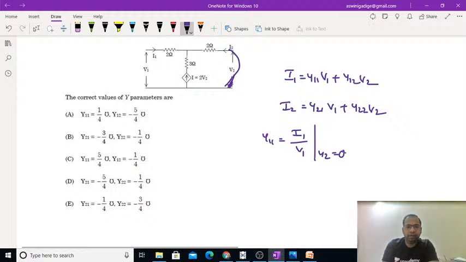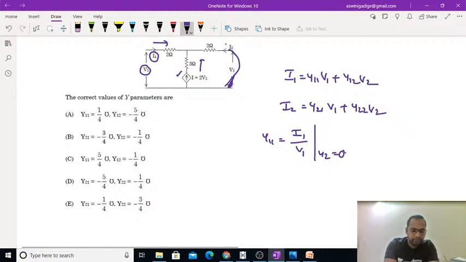Then we have to find the relation between V1 and I1. Here the dependent current source is there, and this current is 2V2. Now as per this circuit, I1 is coming in this direction and 2V2 is coming in this direction.